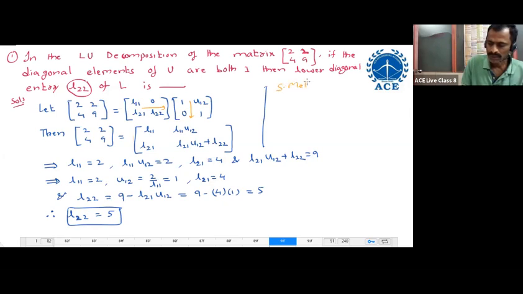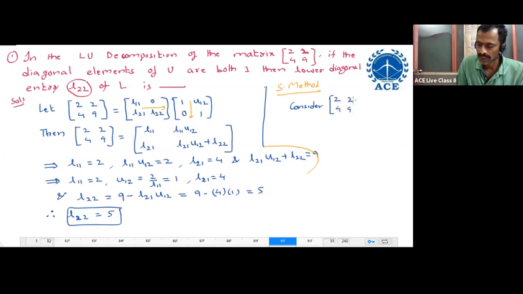Shortcut method. Consider matrix A, that is 2, 2, 4, 9. Finding the L22.